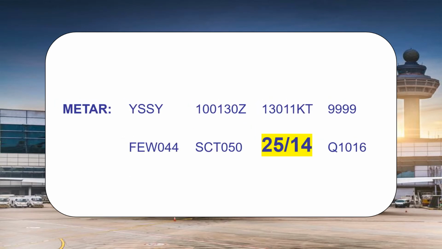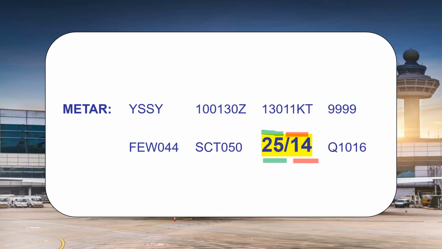Okay, so next up we've got temperature, which is this first number here, and dew point, which I'm going to explain in a second. So both these in Australia are measured in degrees Celsius. So before the slash we have the temperature, so 25 degrees Celsius, and after the slash we have dew point.